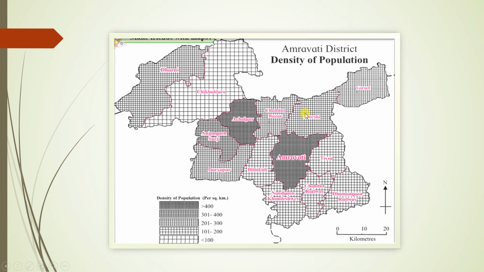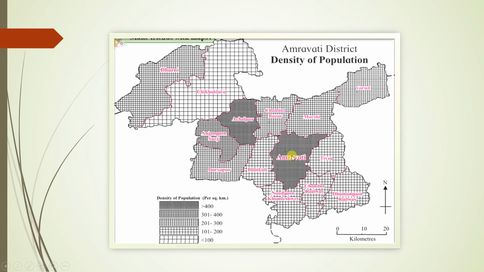Here, this is also an example of a choropleth map. But here only two colors are used, black and white. But they have given the patterns. Here also, see Amravati district, same district it is. Density of population is high here.